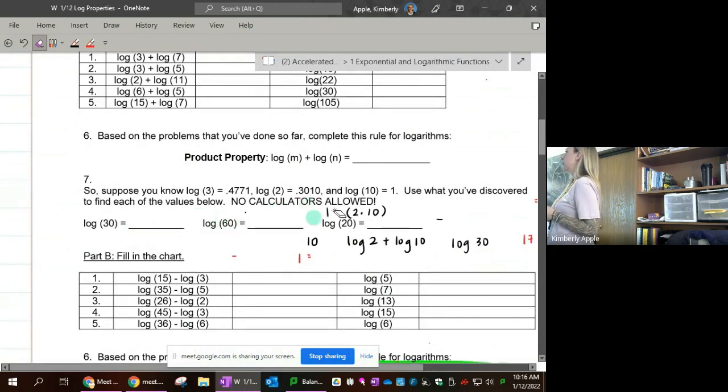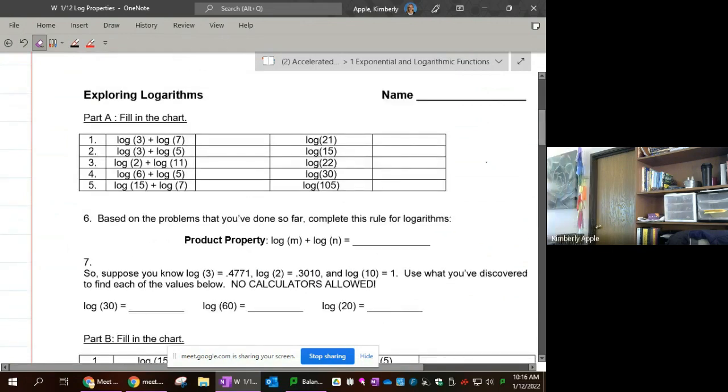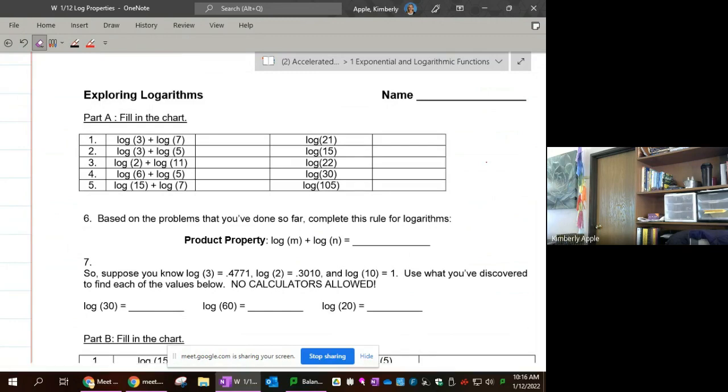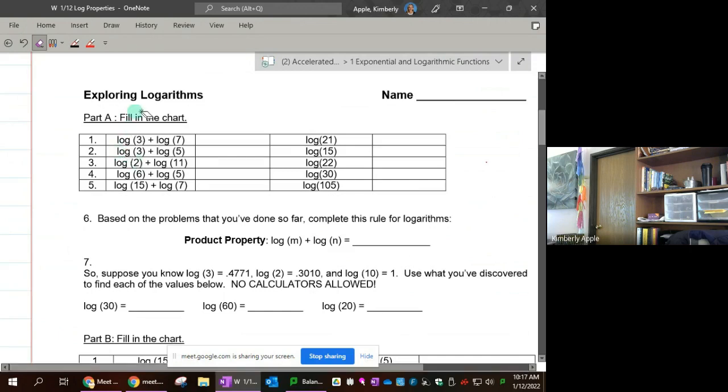All right, so starting at the top. I want you to pay close attention to the parts that ask you to not use a calculator. Because like I mentioned earlier in the week and yesterday, if I tell you not to use a calculator on the work, you should be able to reproduce it without a calculator on the test. So for number 1, we're going to fill out this chart.